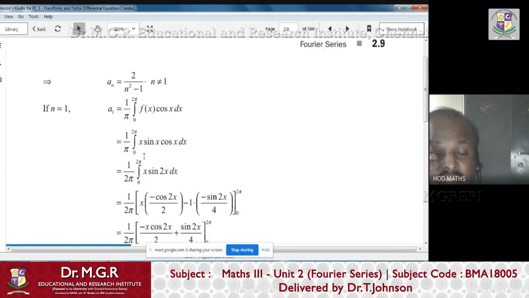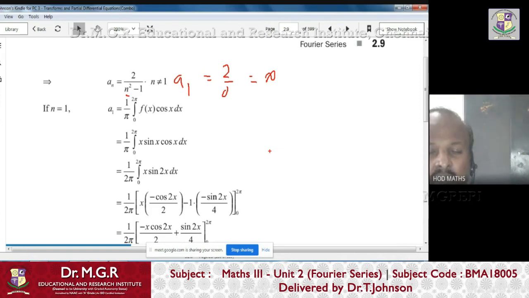But still it has one single problem, because when you see this representation of an, when you put n equals to 1 in the denominator, a1 becomes 2 by 0, because n equals to 1, n square is also 1, so 1 minus 1 is 0. So it tells a1 is infinity. a1 is nothing but the coefficient of cos x.